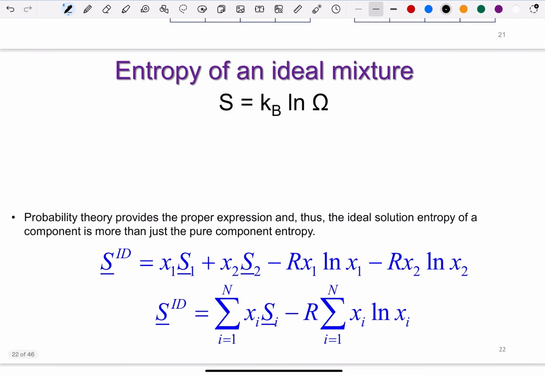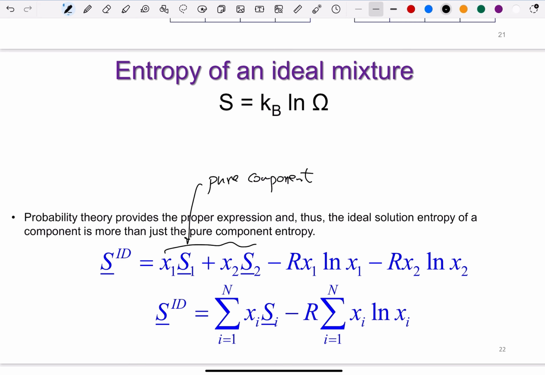We are not going to talk about how we get this formula for x1, ln x1, but you just assume it. So if I want to mix 2 things ideally, I will have the individual pure components, like any other type of property, and I will have the increase in the entropy that comes from the mixing, just the process of mixing.